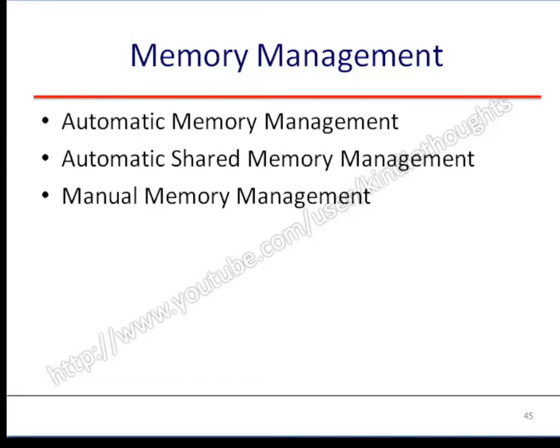Unless you really know how your database is performing, what the typical loads are, and what quantum of data is being modified, it is always advisable to use either automatic shared memory management or automatic memory management.